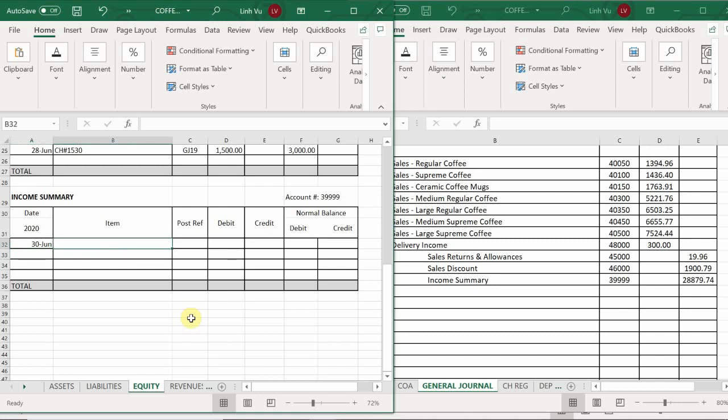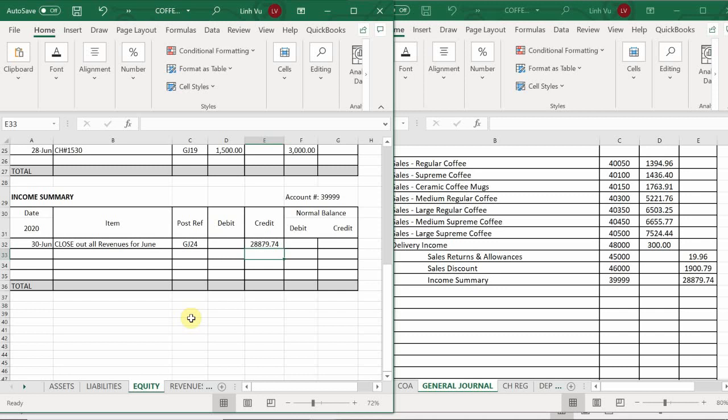Right? This time we're going to say close out all revenues. Okay, for June. Okay, this is page 24, and because it's credited for 287974. Now again, because it's an equity account, this one will fluctuate, right?